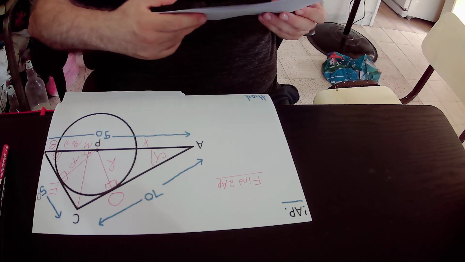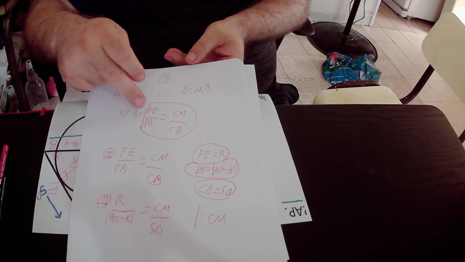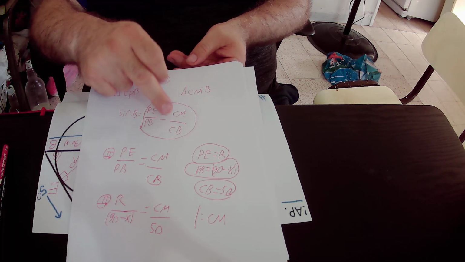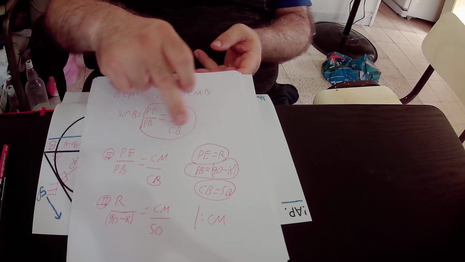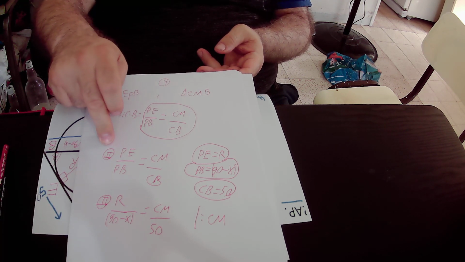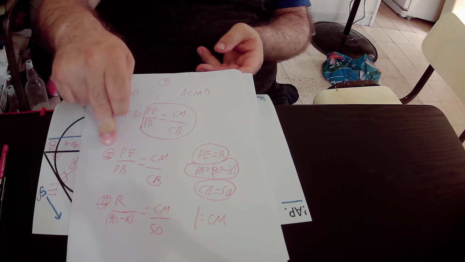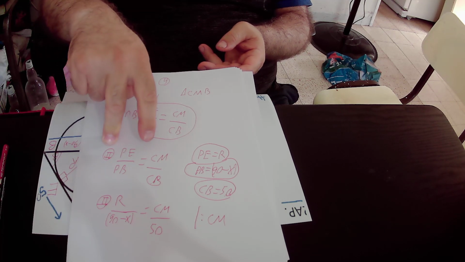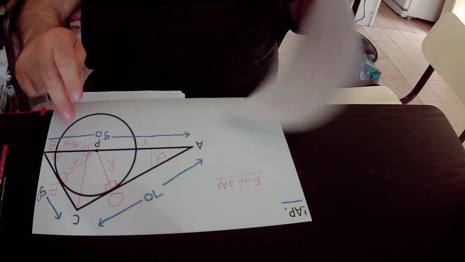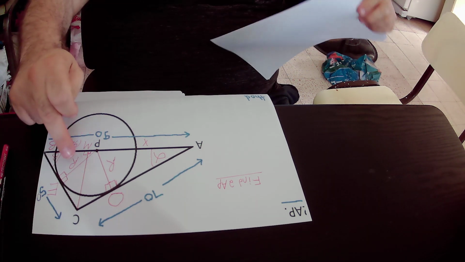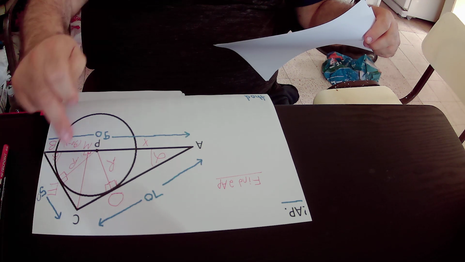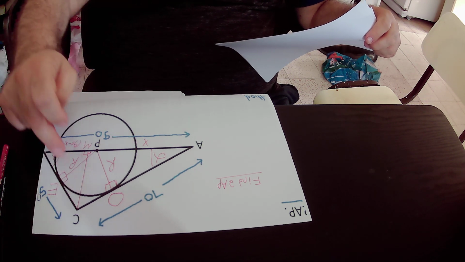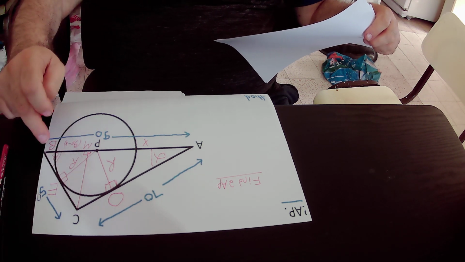So in total we have that sine beta equals PE over PB, that equals CM over CB. We copied this equality and called it equation number 2, PE over PB equals CM over CB. But we know that PE equals R, PB equals 90 minus X, and CB is given to us, and it is 50 units.